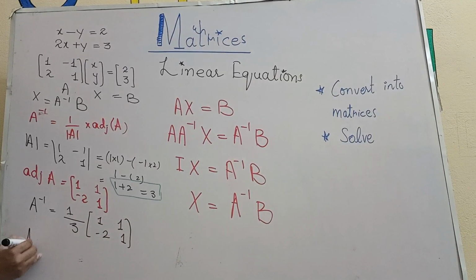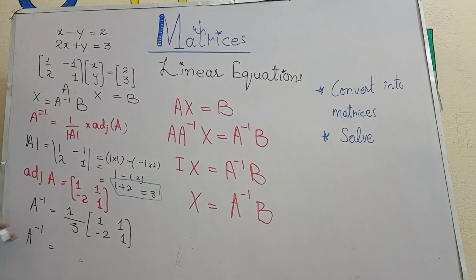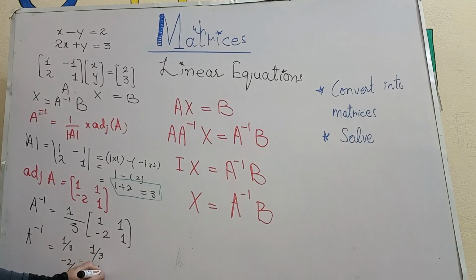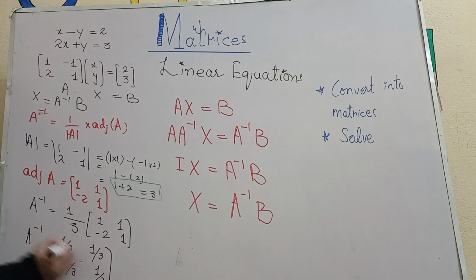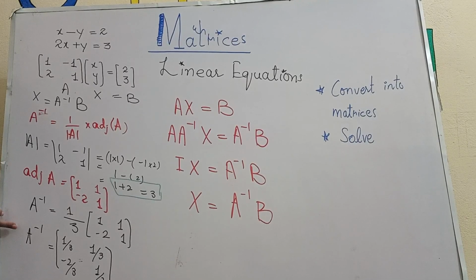So A inverse becomes, now in this case I have told you that you have to divide every single element of the adjoint matrix by the determinant. So it becomes 1 by 3 and 1 by 3, minus 2 by 3 and 1 by 3. So here, friends, first we have calculated the inverse matrix, and then we are going to multiply this inverse matrix with the other matrix.